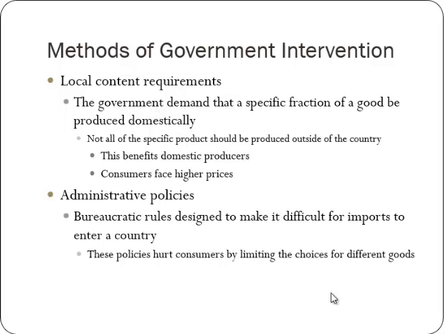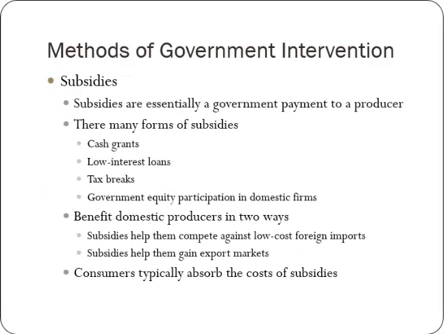So local content requirements do that for the same reason, to make sure that a certain percentage of the product that's used in the country is produced in the country. Again, it decreases competition. And general administrative policies, red tape, the requirement of import licenses, export licenses, fees that are associated with it, transport restrictions, things like that, tend to have the same effects. They hurt consumers. All of these things are government restrictions that decrease free trade. And pretty much anything that's going to decrease free trade is going to help the producers in that country, but it's going to hurt the consumers because the prices are going to go up.